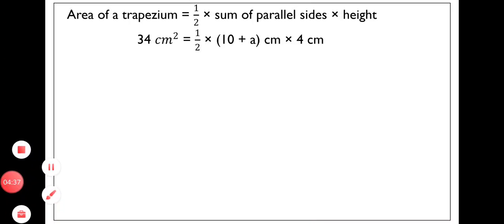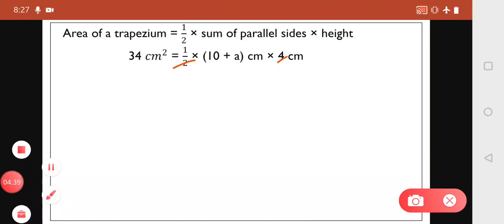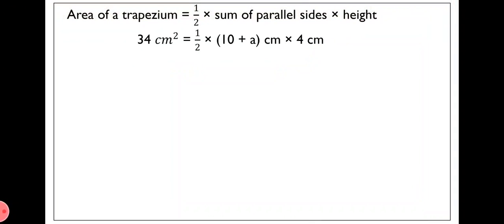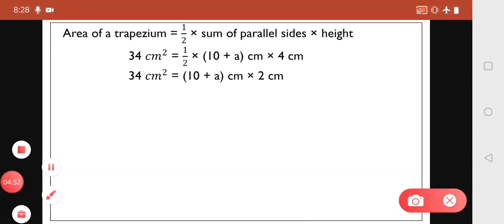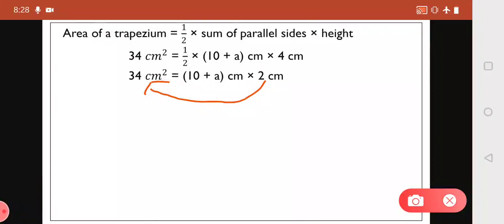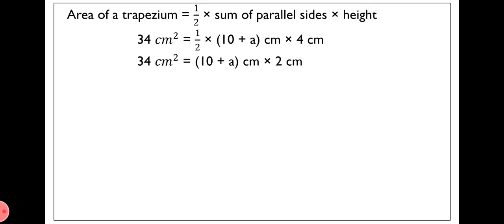Here you can cut 2 ones are and 2 twos are easily, as everything is in multiplication. So, we will get 34 centimeter square equal to 10 plus a centimeter into 2 centimeter. Again, we will transpose first this 2 to the opposite side. When we transpose 2 to the opposite side, as it is in multiplication, it will become division. So, we will get 34 upon 2 equal to 10 plus a.